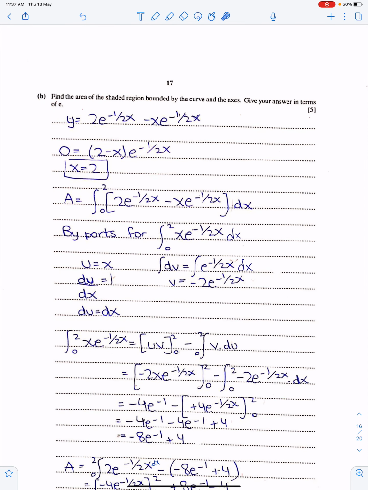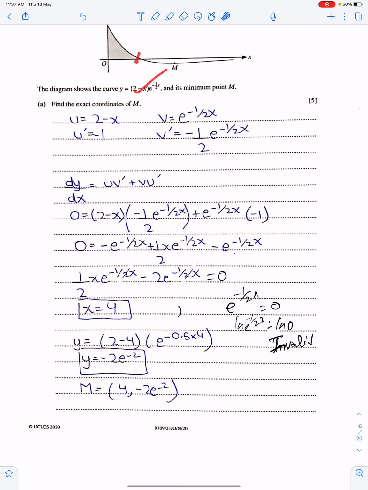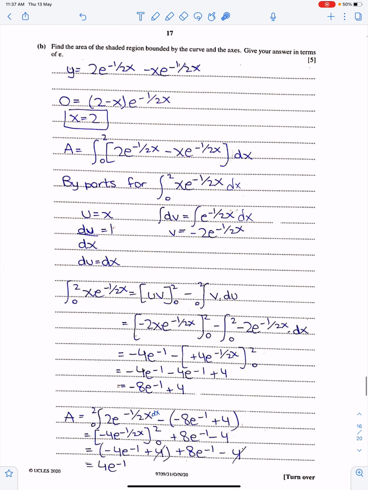So you need to integrate this curve from 0 to 2, and you need to use by parts. You can use by parts from this equation or from this equation. You have the option.